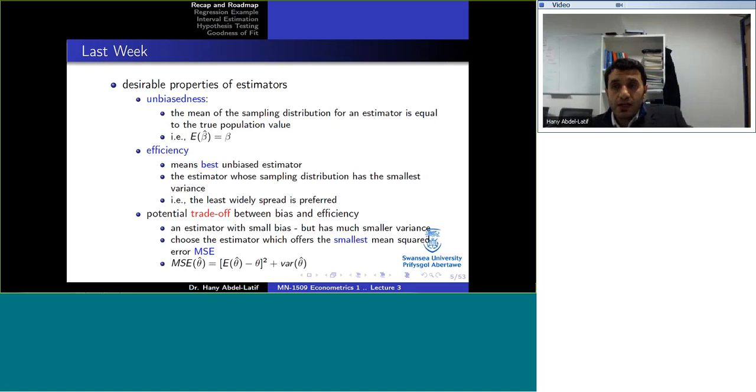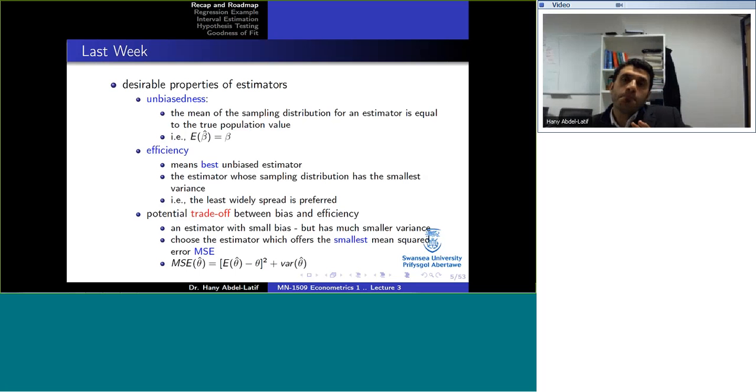The other property we covered last week was efficiency. If you have a number of unbiased estimators, the most preferred one will be the one with the smallest variance, which means the least widely spread would be preferred.